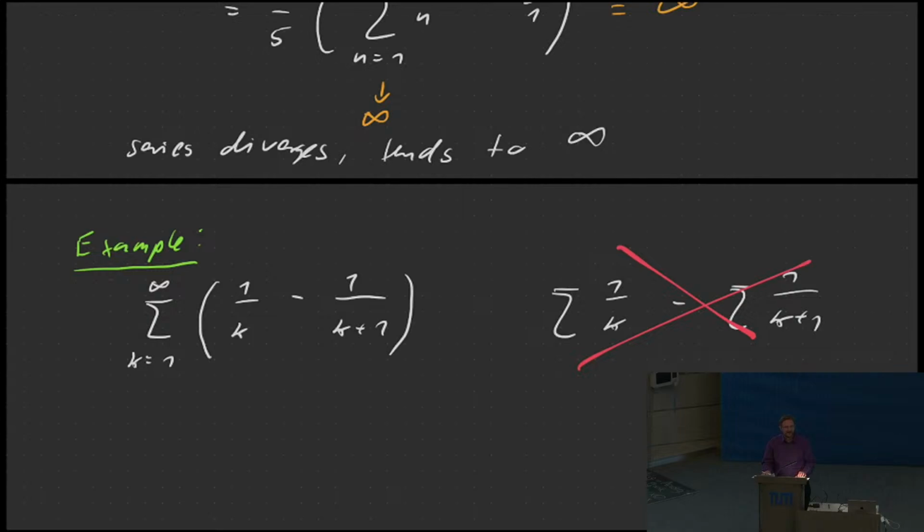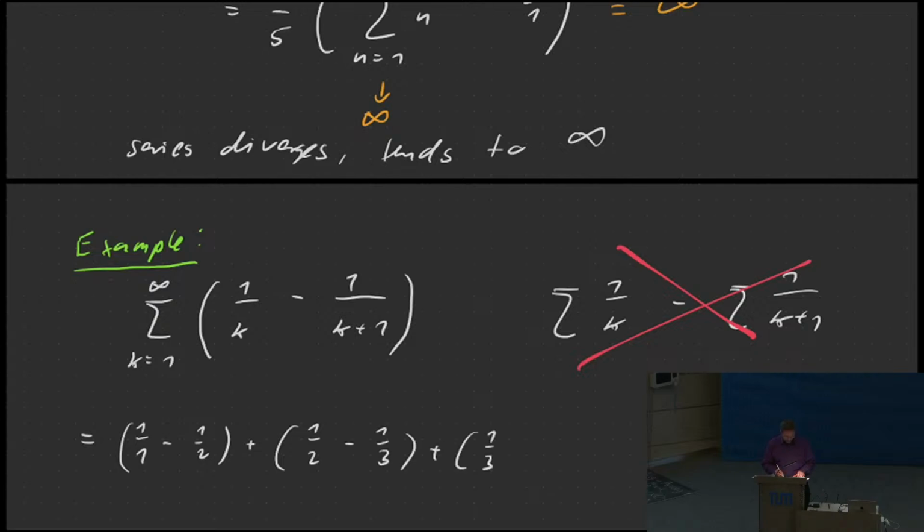Yeah, exactly. That's the trick, right? What is happening here is if you just try to write down the first couple of numbers, and actually that's something that I would do if I don't have any idea where to start. Try writing down a couple of numbers, and then maybe you see a pattern, maybe you get an idea of where this is going. So in this case, start with k equals 1, so we get 1 over 1 minus 1 over 2. The next summand is k equals 2, 1 over 2 minus 1 over 3.